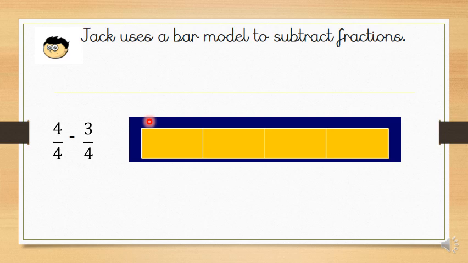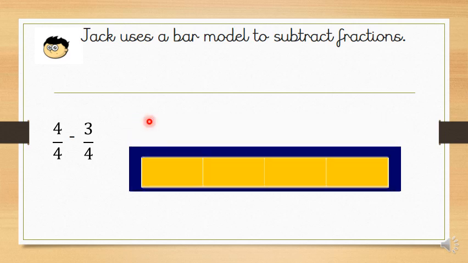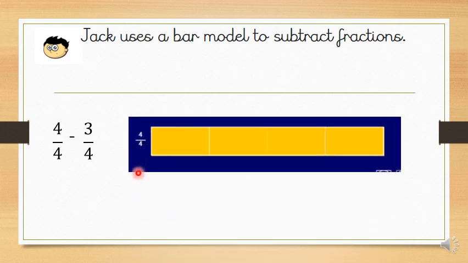Then it simply becomes a very easy subtraction sum. 4 quarters take away 3 quarters. And your answer is 1/4. Because 4 take away 3 is 1, and we know our denominator stays the same.